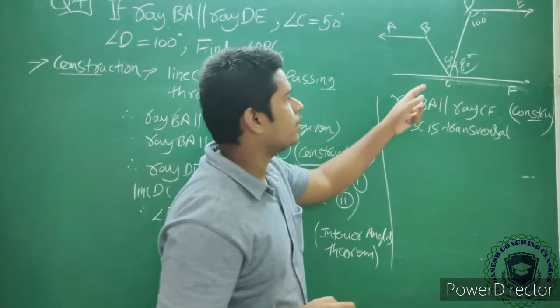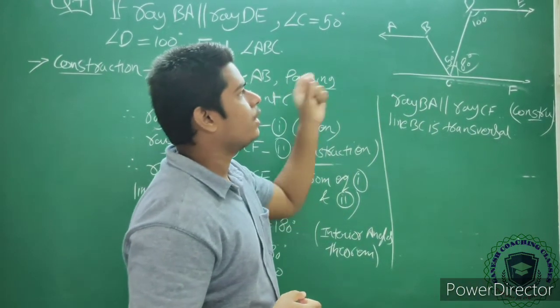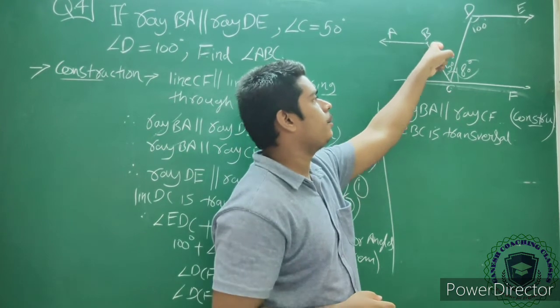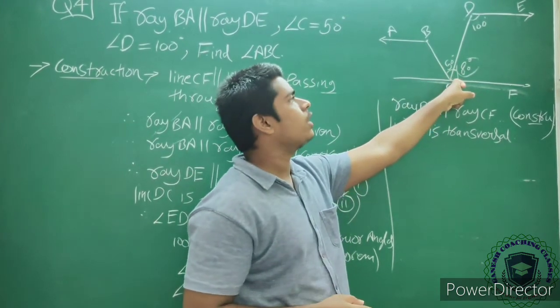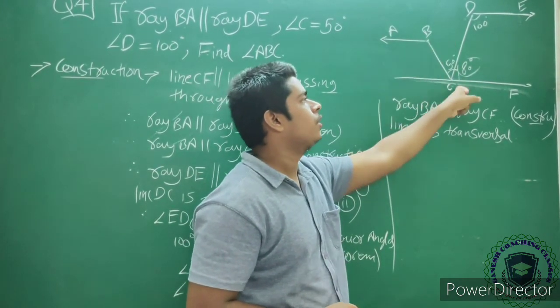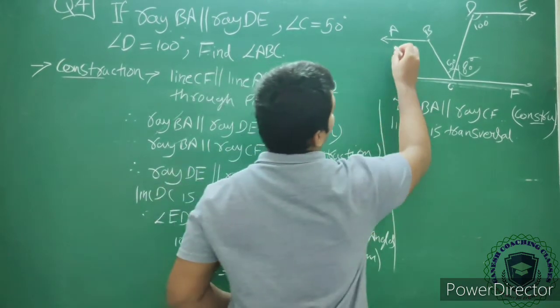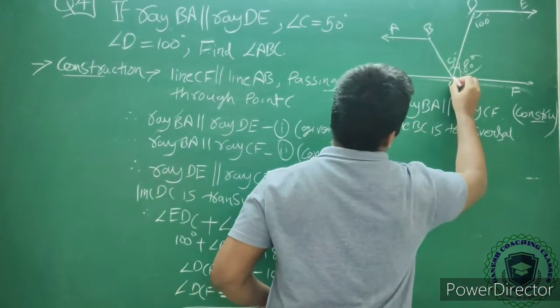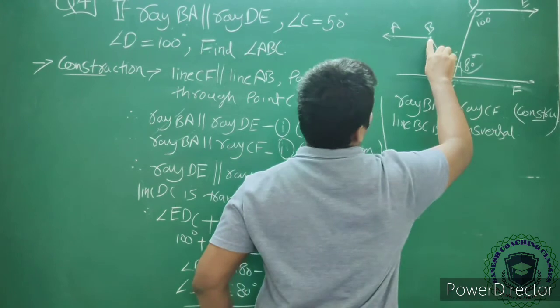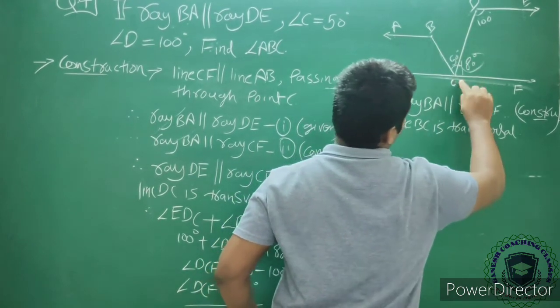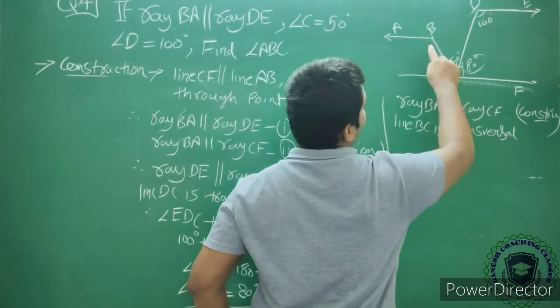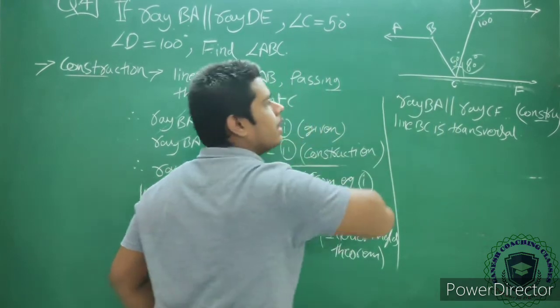Now we have to find the value of ABC. So how can we find the value of ABC? Here we are getting a Z, and the two angles, ABC and BCF, are inscribed in the Z, meaning alternate angles.